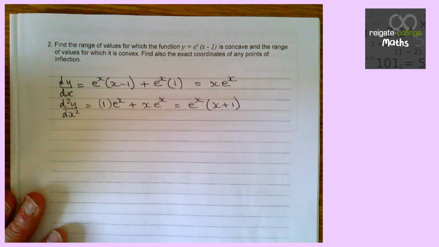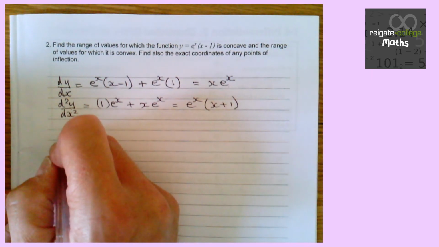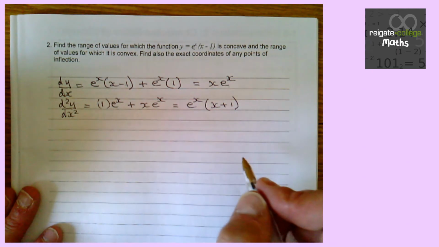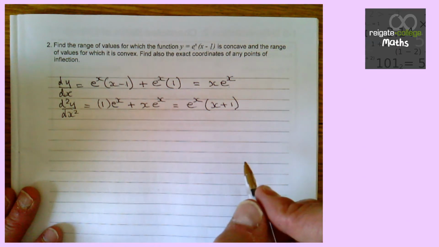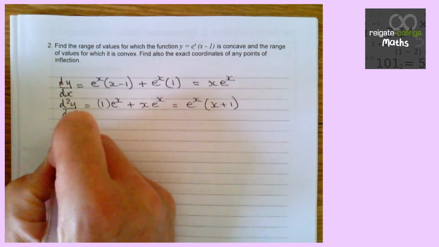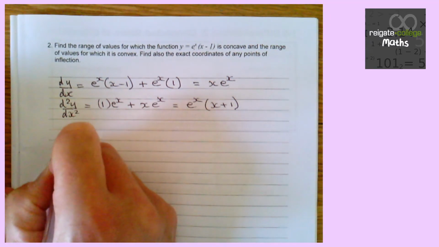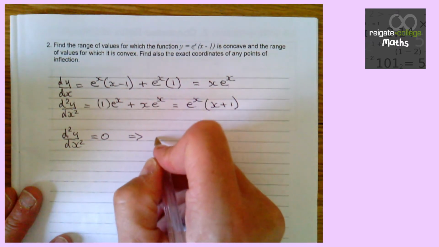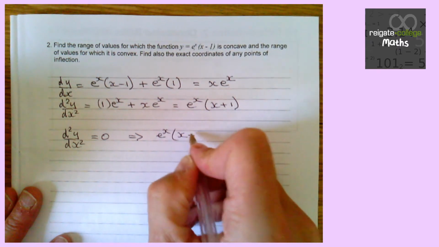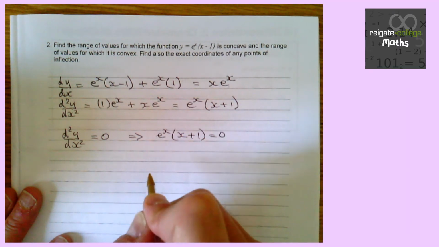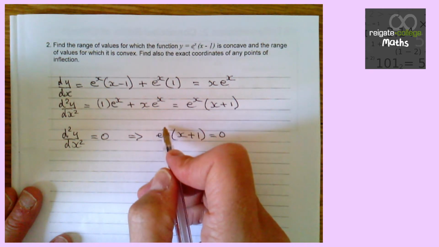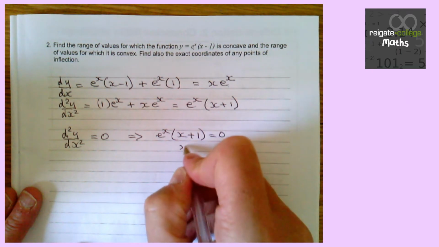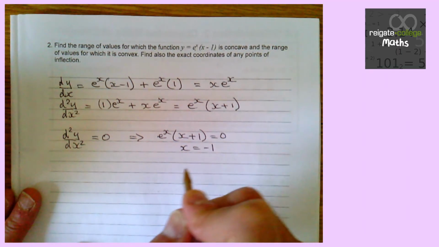Now let's start off by finding the point of inflection, and then we'll find where it's convex. So we want d2y by dx squared to equal 0. So that means e to the x, x plus 1 is equal to 0. Now e to the x is always positive, so that can't be 0, so that means x plus 1 is 0, so x is equal to minus 1.